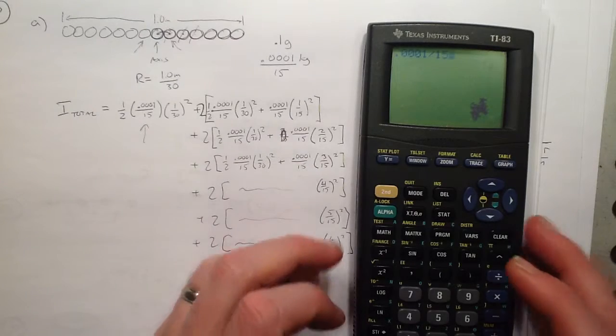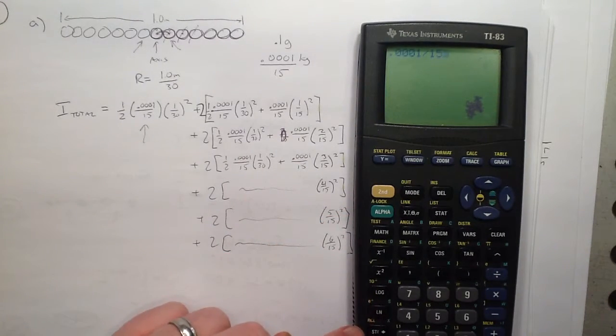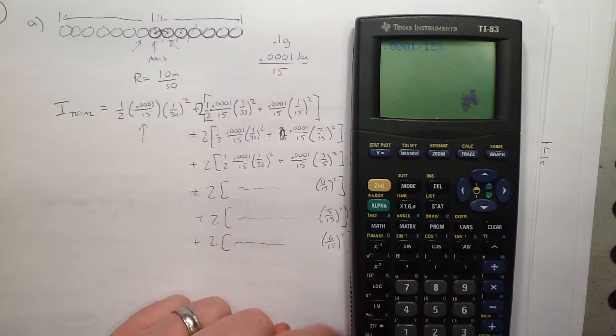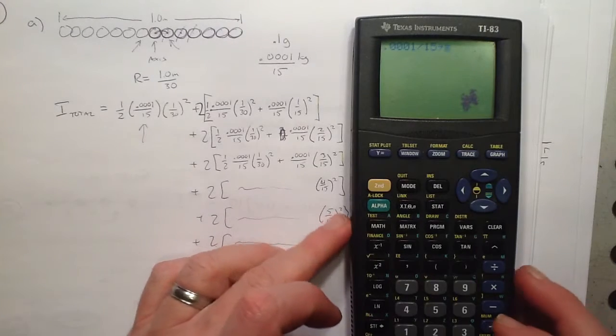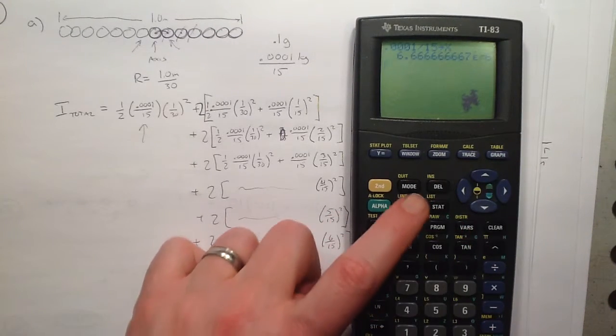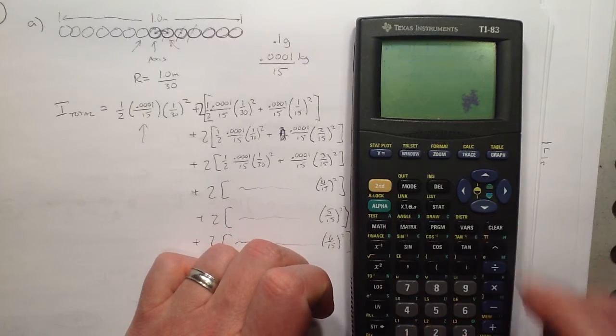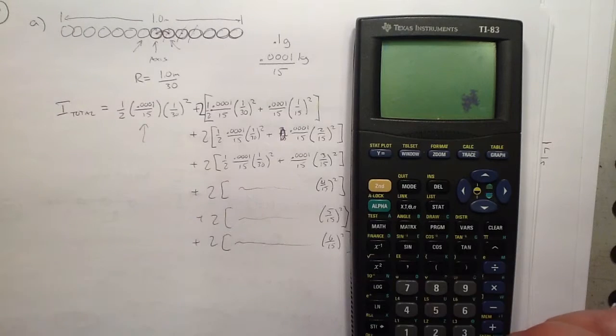That's the mass of one of the disks. So I'm going to store that in my calculator. Here's the store button right above the on button. I'm going to store that as x. And now every time I hit x on my calculator, it knows that I'm talking about that number. So that's going to make things a little bit easier. Alright, so let's try it that way.